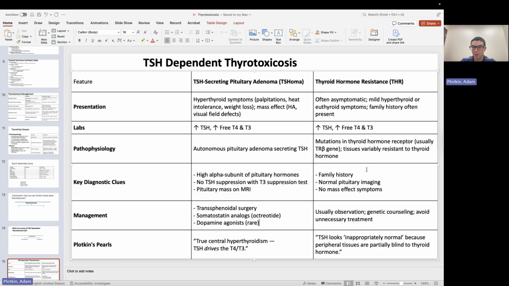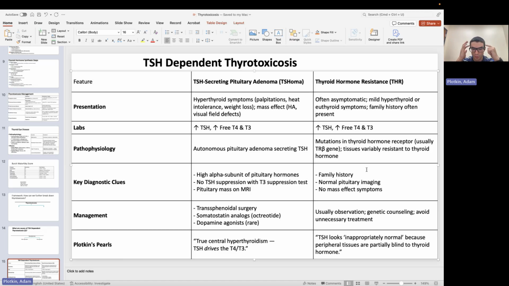resistant to thyroid hormone. So basically what happens here is TSH is working fine, your thyroid hormones are working fine, but the thyroid hormone receptors aren't totally responding the way they should be. So again, normally when T4, T3 get high enough, they should feed back to the hypothalamus and they should feed back to the anterior pituitary and say, hey, no more TRH from the hypothalamus, no more TSH from the anterior pituitary.